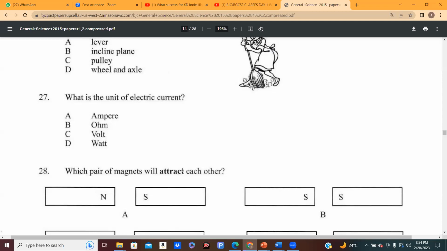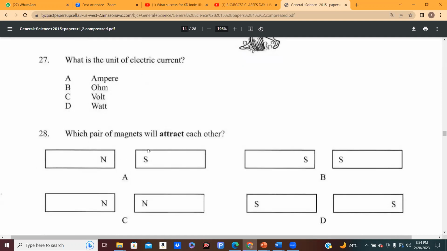No. Electric current. Ampere. Very good.